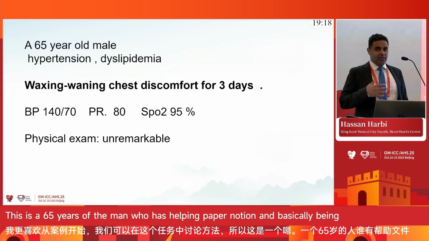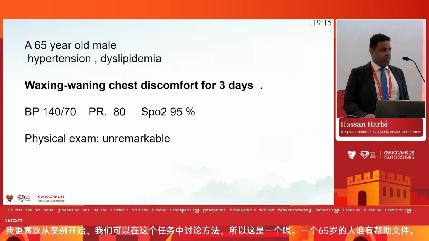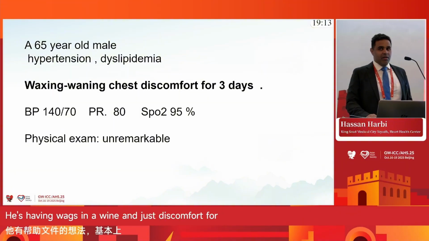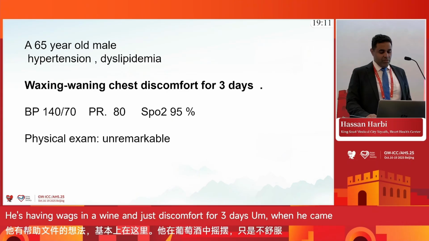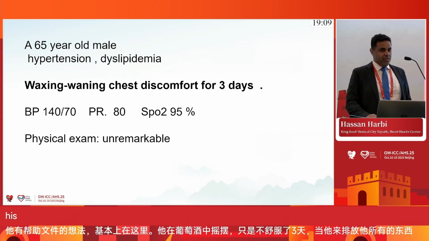He has waxing and waning chest discomfort for 3 days. When he came to the emergency room, his blood pressure was normal, the same for the rest of the vital signs.